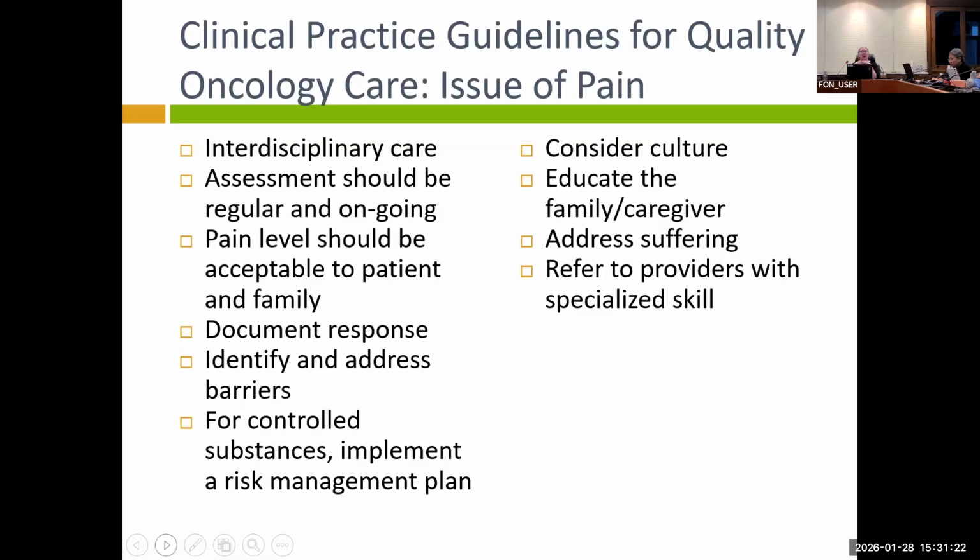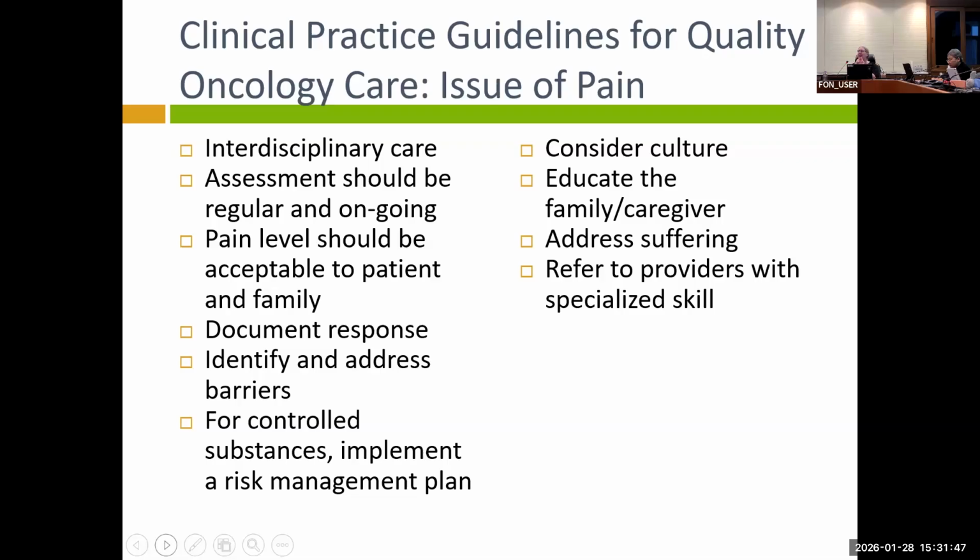So clinical practice guidelines for quality oncology care, when we look at the issue of pain, what you will find is, number one, it recommends interdisciplinary care. Number two, assessment should be regular and ongoing.